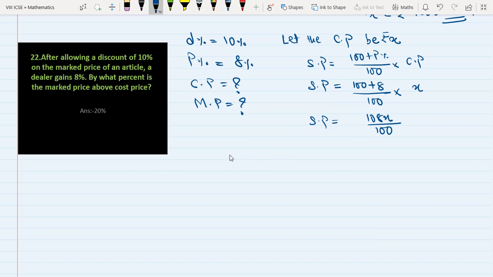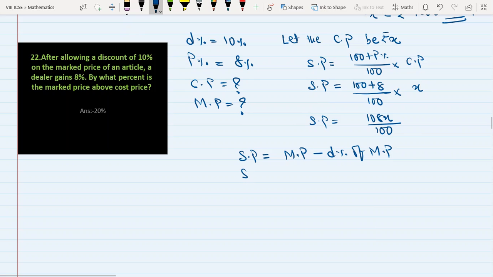So the formula for selling price is mark price minus discount percent of mark price.